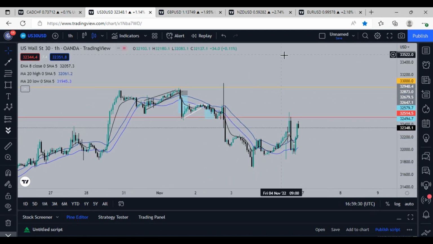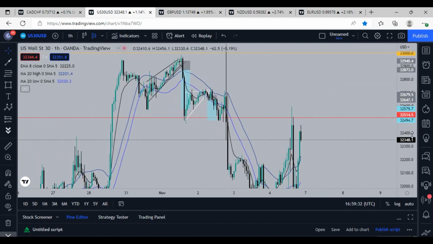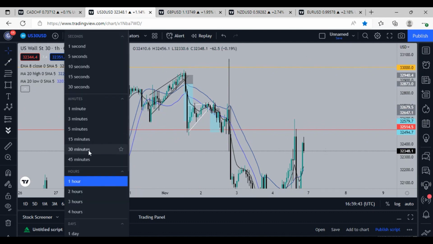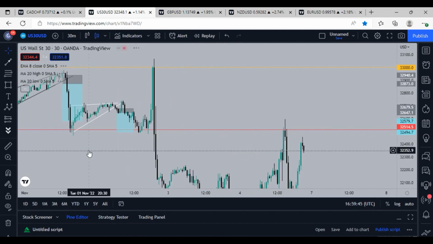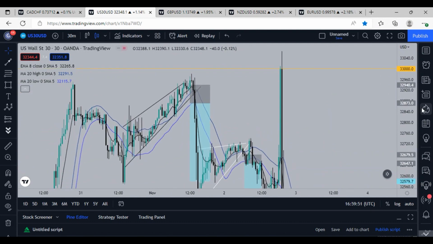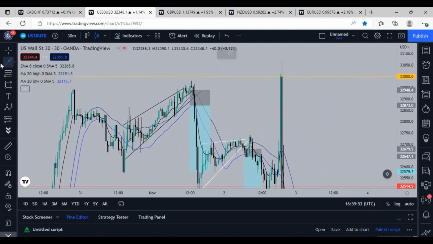So I knew that price was going to sell because it respected the psychological level. So what I did is I started looking for trends. And if we jump to the 30 minutes time frame, we see a trend right over there.